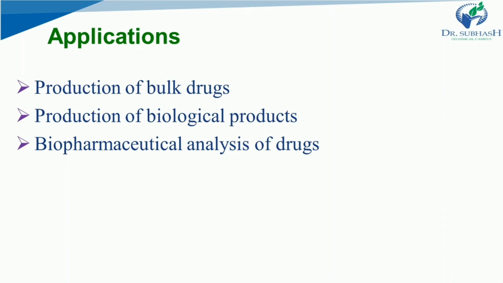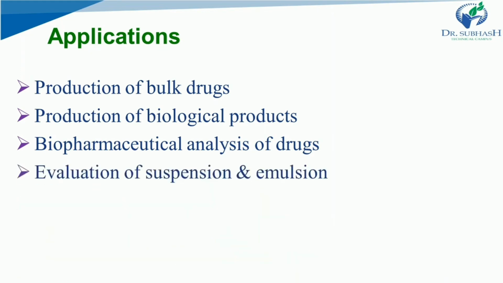So, the most important thing here is analysis of the drugs, right? You can easily perform biopharmaceutical analysis of drugs which are present in blood, tissue fluids, urine, etc. So, this method is very important pharmacokinetically and also in bioequivalence studies.